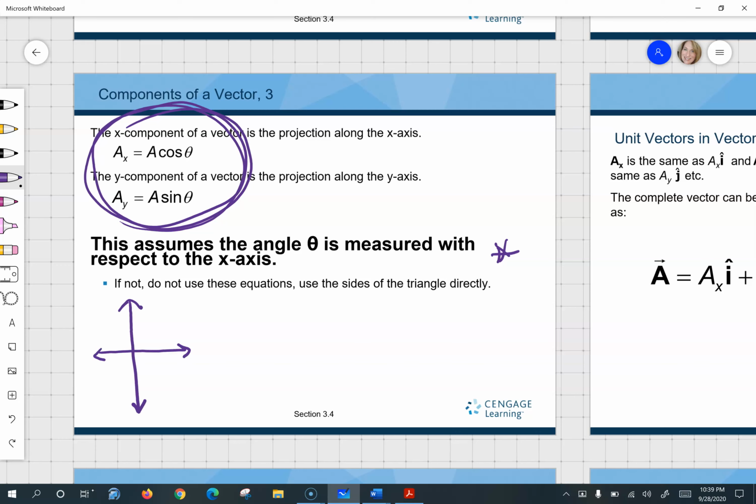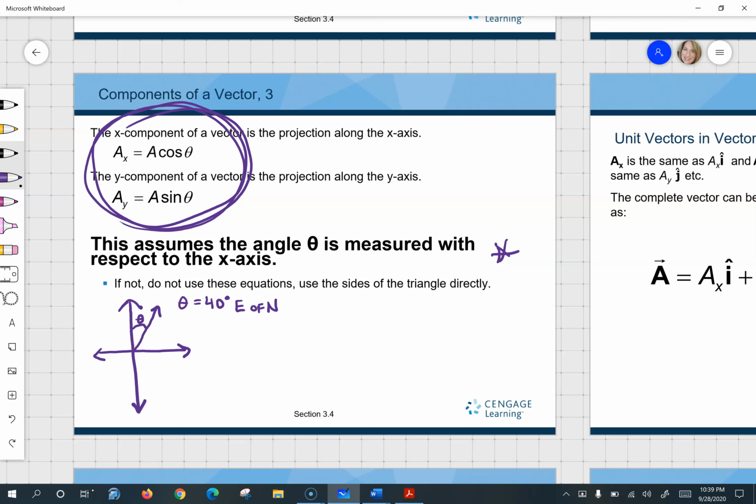You could have a problem though that says this, with theta say 40 degrees east of north. Well, if you do that, you have two options.